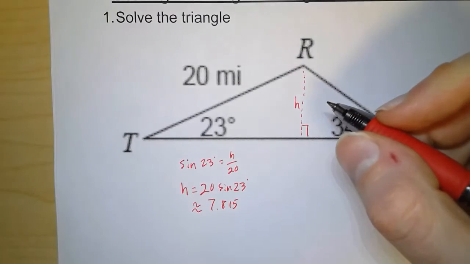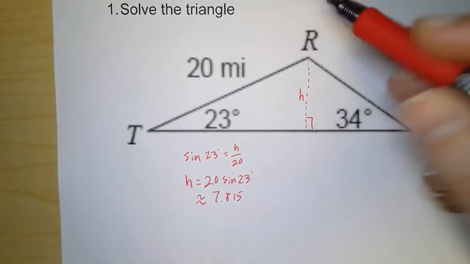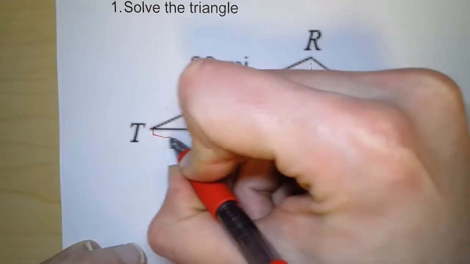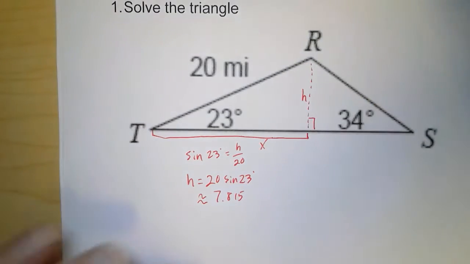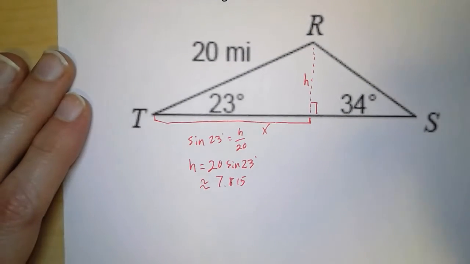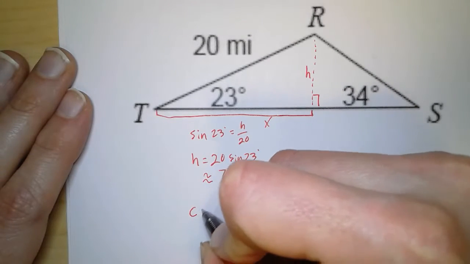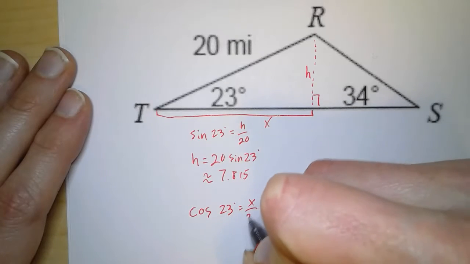All right, now let's see. Well, we can figure out what this part is right here. I'll just call that x. And we can find that by using another trig ratio. We'll use cosine this time. So cosine of 23 degrees equals x over 20.